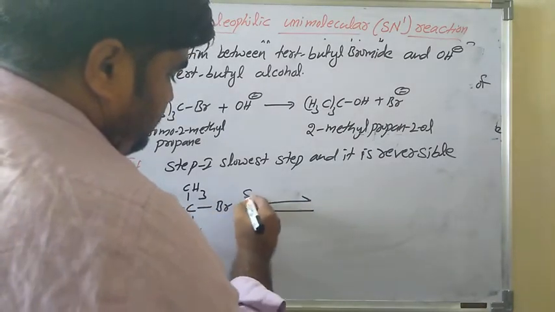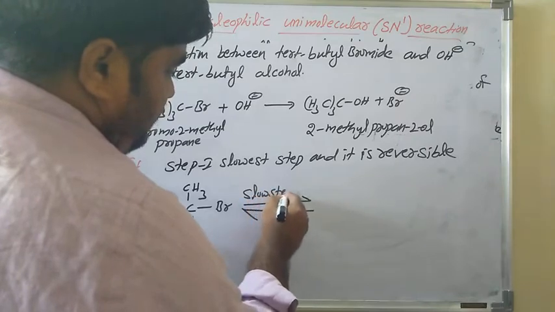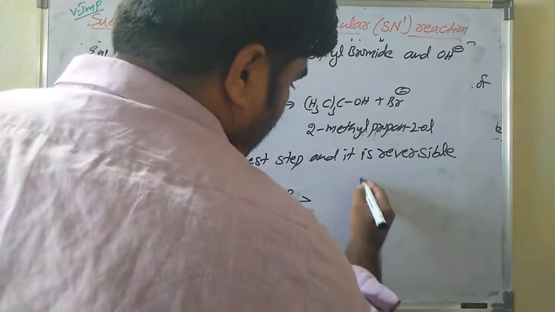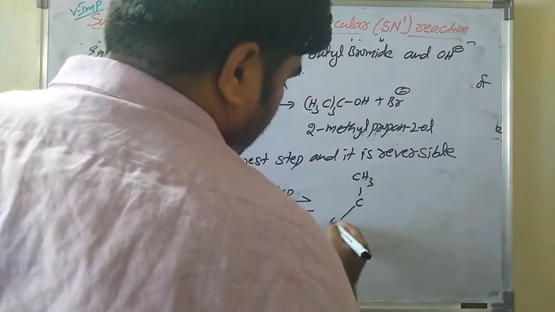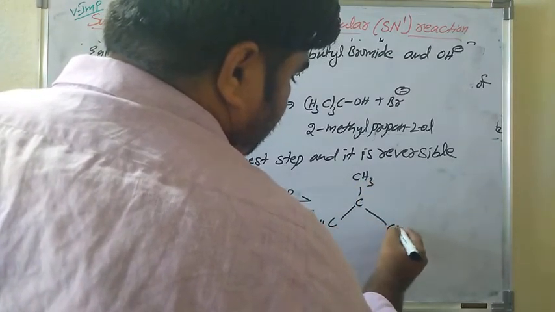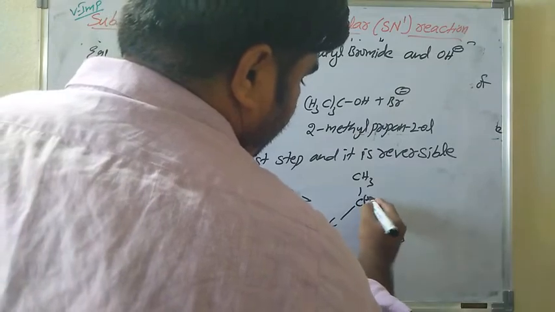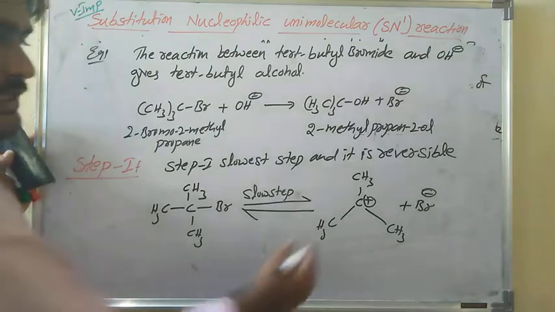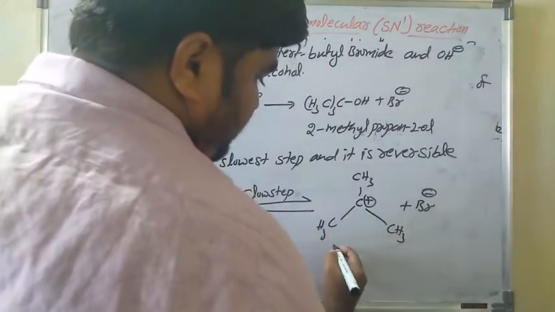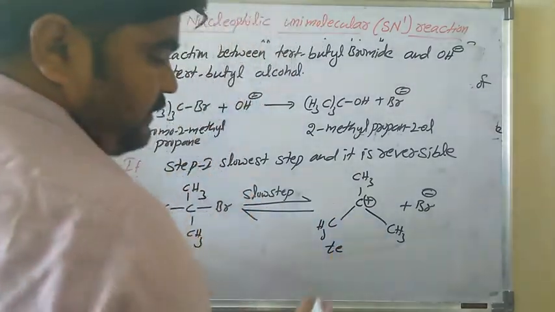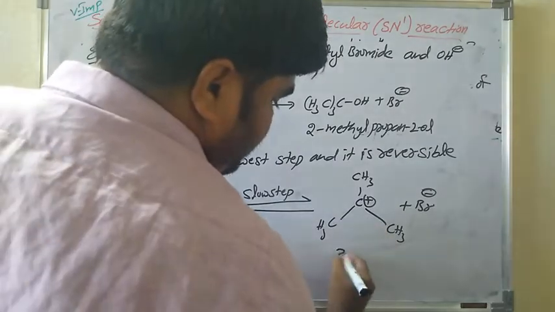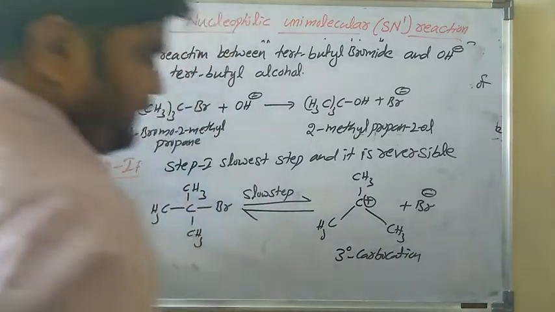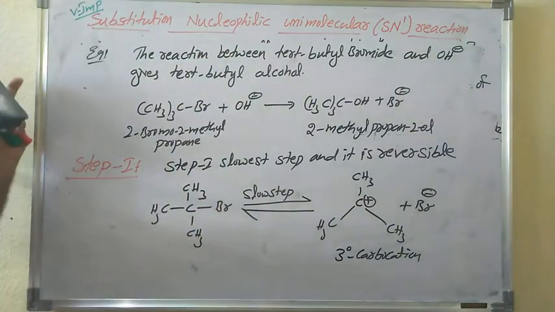Step 1 is the slow step and it is reversible in nature. In the first step only, an intermediate is produced, a tertiary butyl carbocation. So step 1 is the slow step and it is reversible.